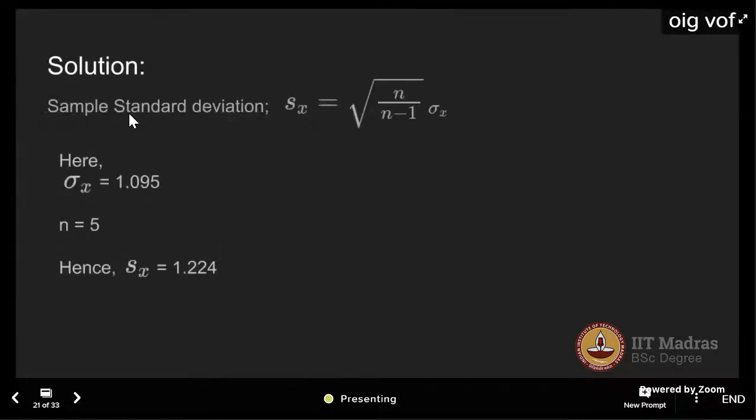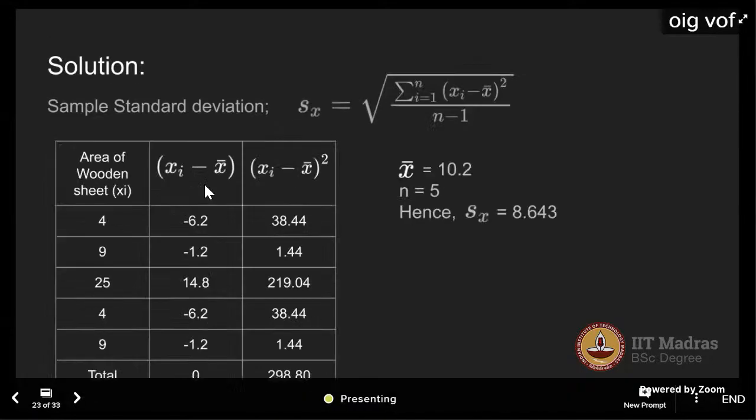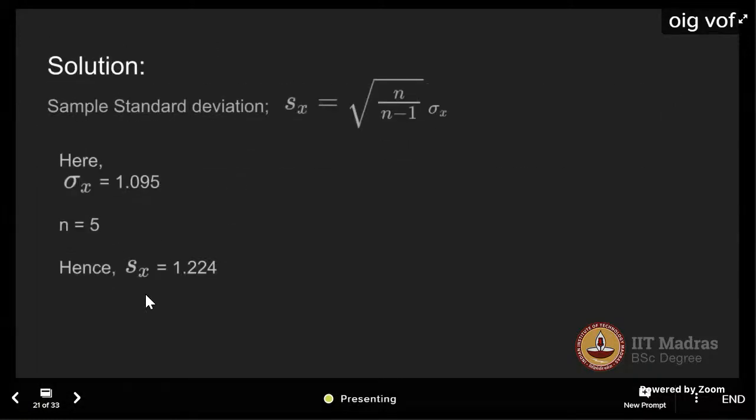For the measure of sides, the sample standard deviation is 1.224. Once again, for the area of wooden sheet, it is 8.643, and for the measure of sides, it is 1.224.